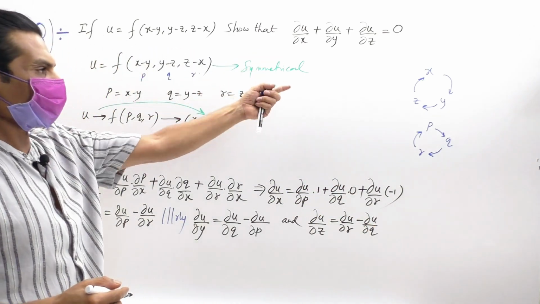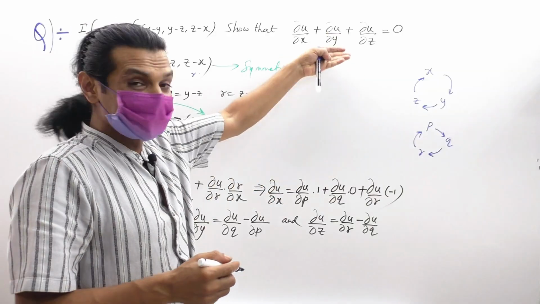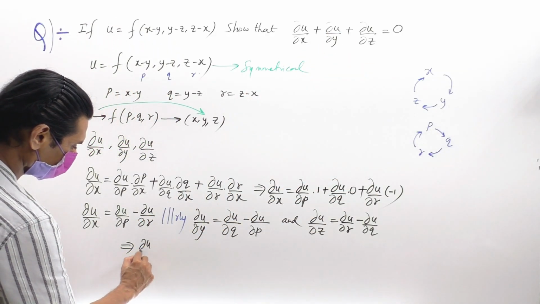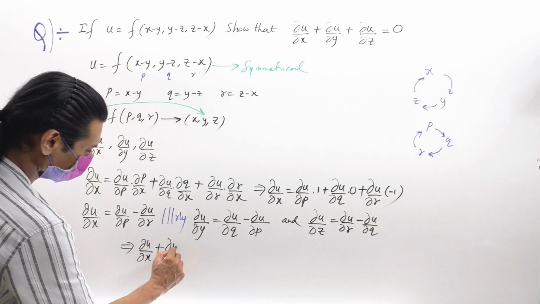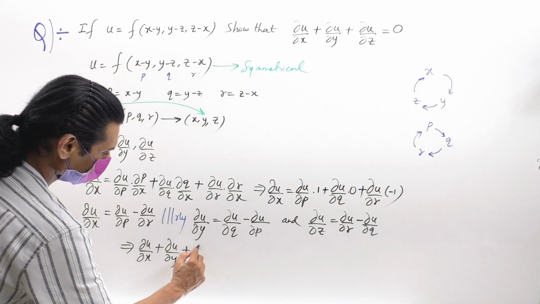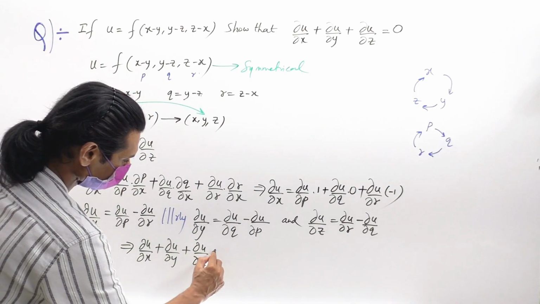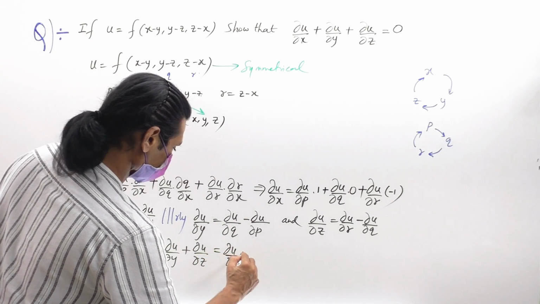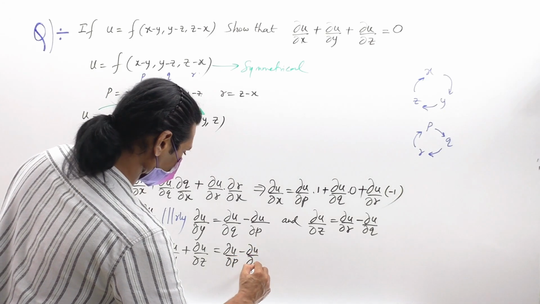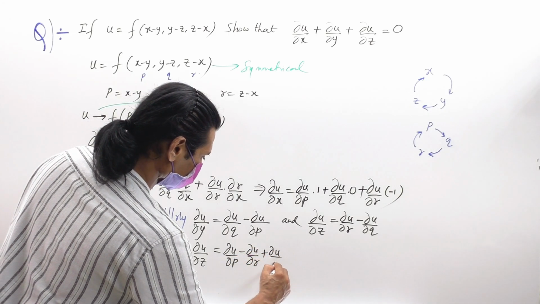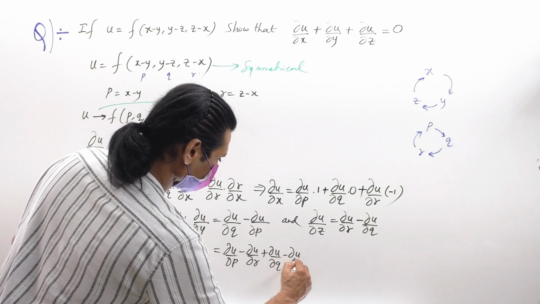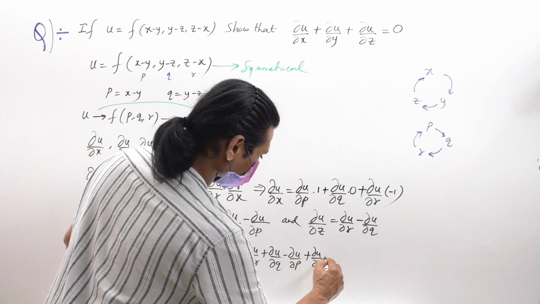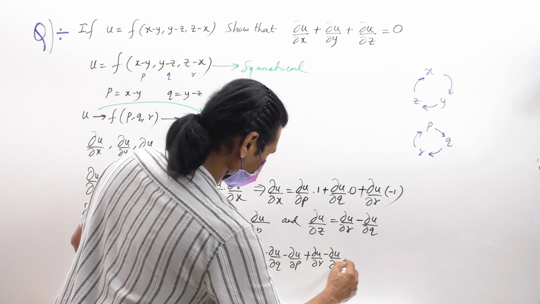Okay. Now we have everything, dou u by dou x, dou u by dou y, dou u by dou z. Let's put it here and see what the answer is. That implies dou u by dou x plus dou u by dou y plus dou u by dou z is equal to dou u by dou p minus dou u by dou r plus dou u by dou q minus dou u by dou p plus dou u by dou r minus dou u by dou q.